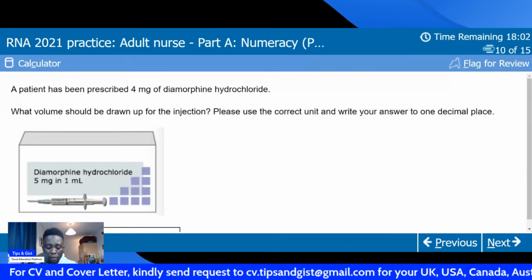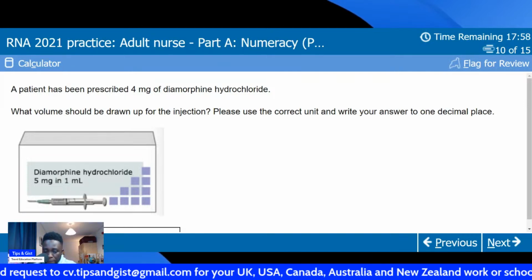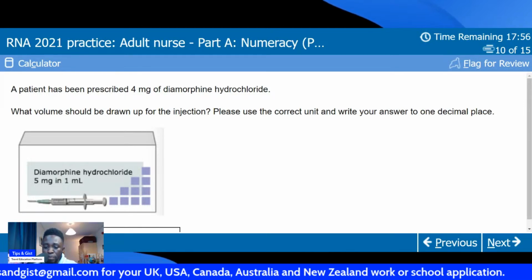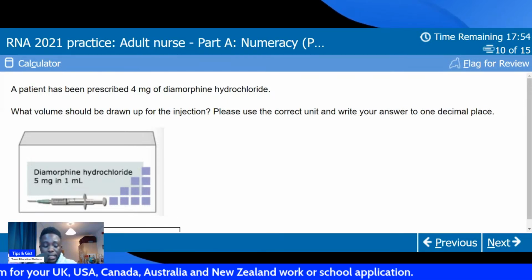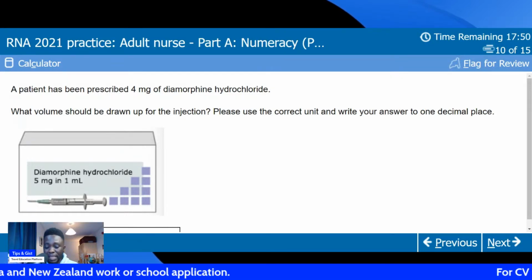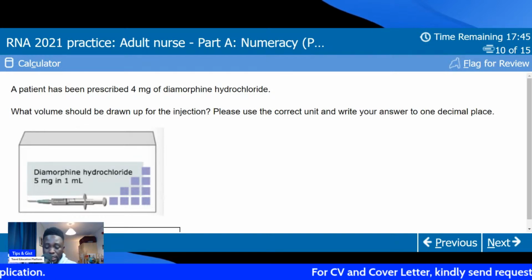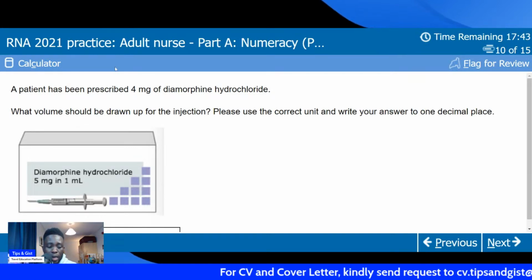Another thing I forgot to tell you is they will give you a marker and an empty sheet for doing your cross multiplication, and you can use the calculator too.